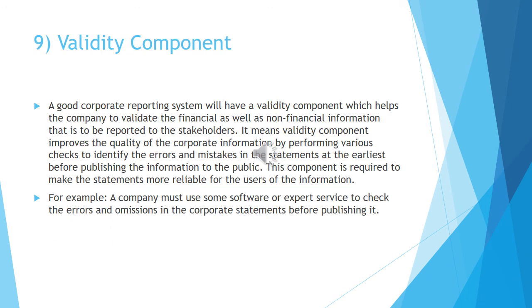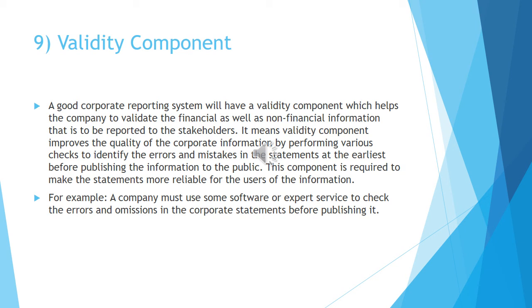The ninth component is validity component. A good corporate reporting system will have a validity component which helps the company to validate the financial as well as non-financial information that is to be reported to the stakeholders. It means validity component improves the quality of the corporate information by performing various checks to identify the errors and mistakes in the statements at the earliest before publishing the information to the public.